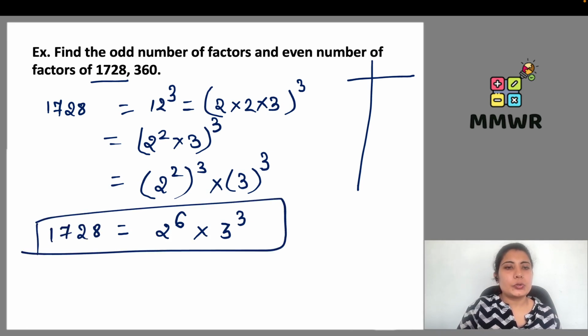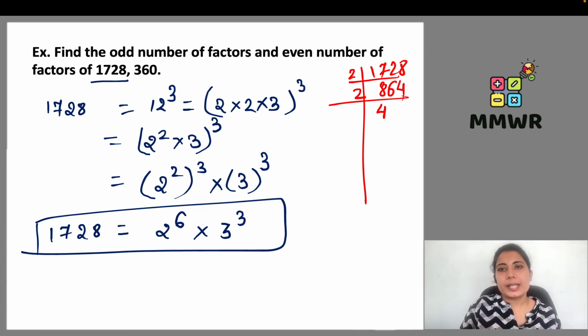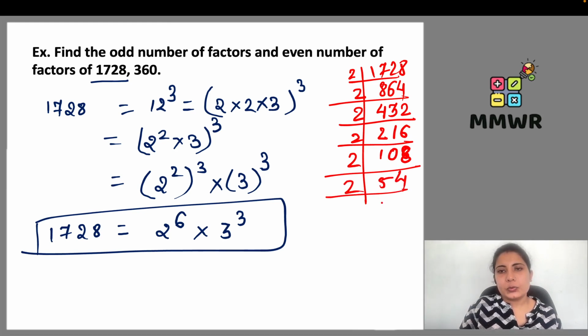So 1728 can be written as 2 to the power 6 multiply 3 to the power 3. Right? Even if you factorize this by division, then also you will get the same answer. Dividing 1728 by 2 repeatedly, I have to divide it 6 times, and then we reach 27.